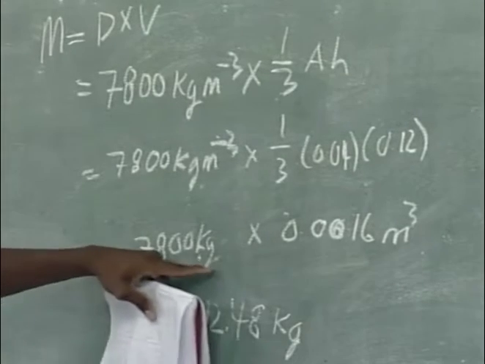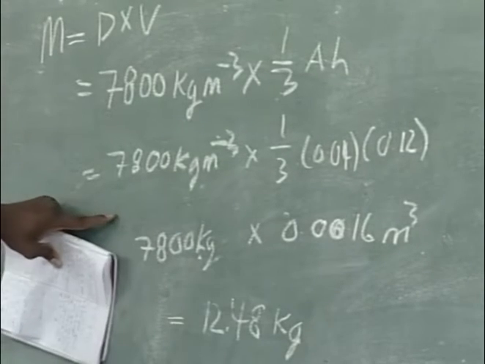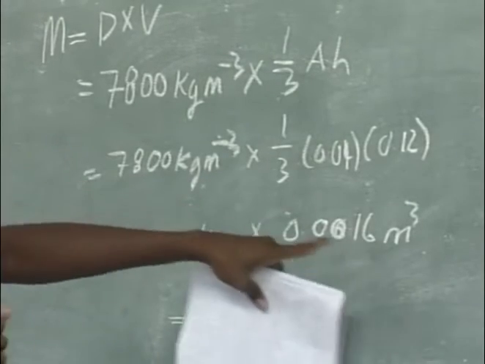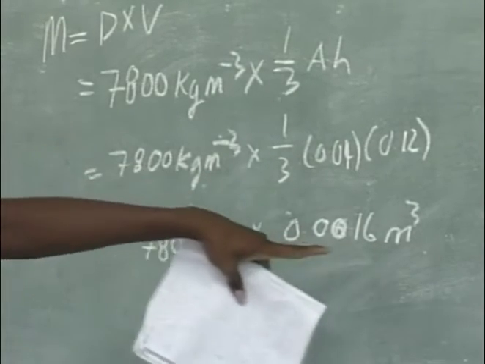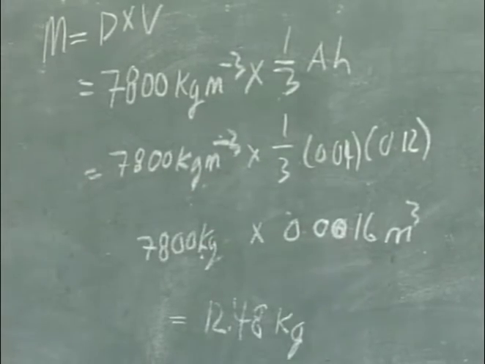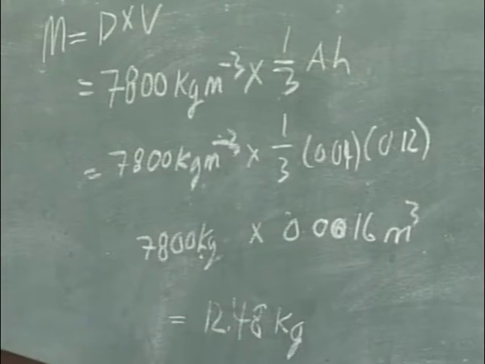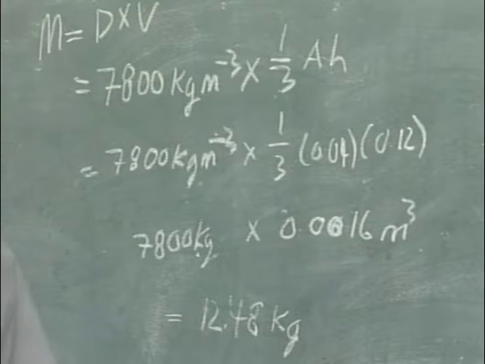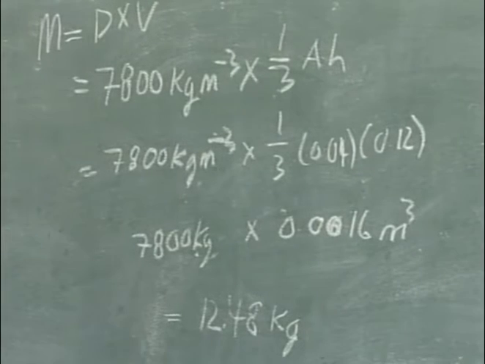If you multiply them both, the meters cancel out, meter to the power -3 cancels out with meter of the volume, and you'll get the kilograms. It is 12.48. Good.